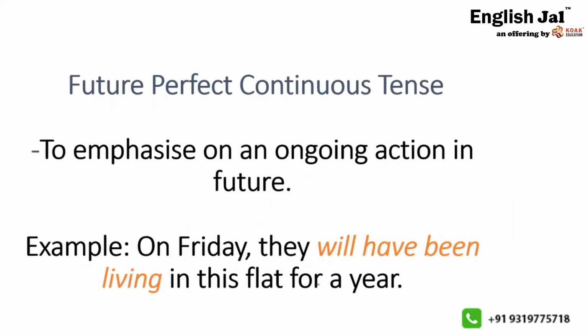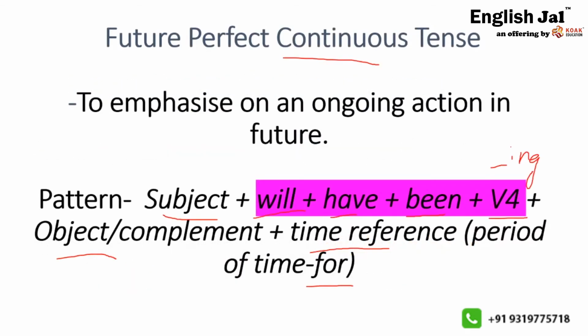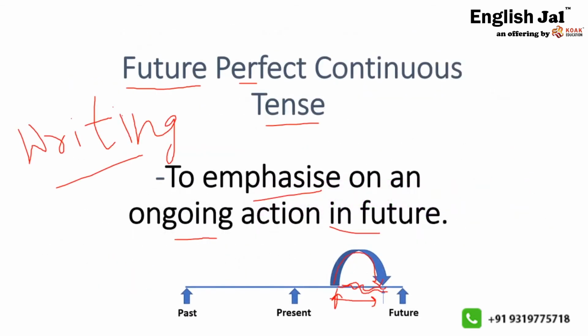For example, on Friday, they will have been living in this flat for a year. So on Friday, now let's look at the timeline, guys. If I move back and say on Friday, this is Friday here. On Friday, they will have been living here for a year, which means a year back they started. And by Friday, it will have been a year that they have been living.